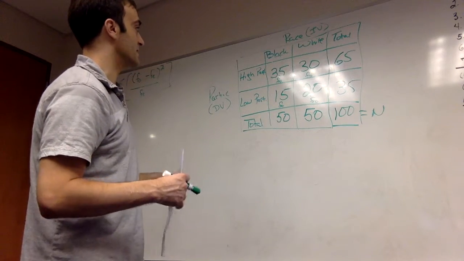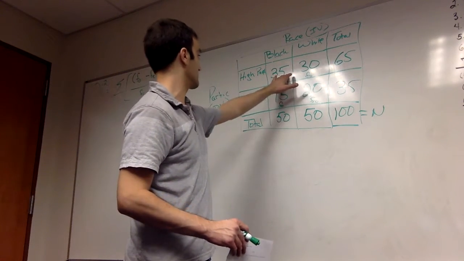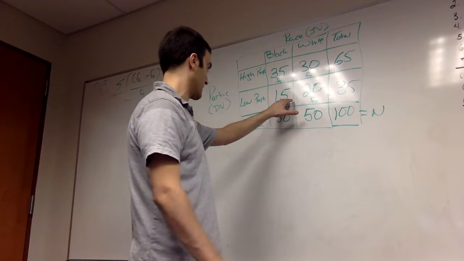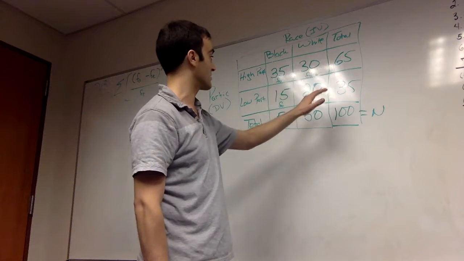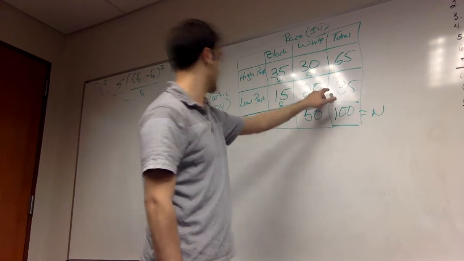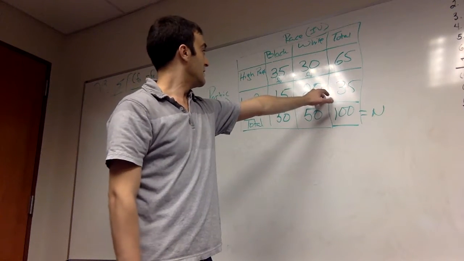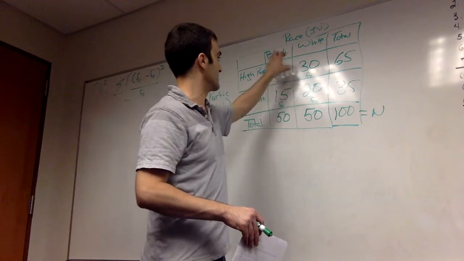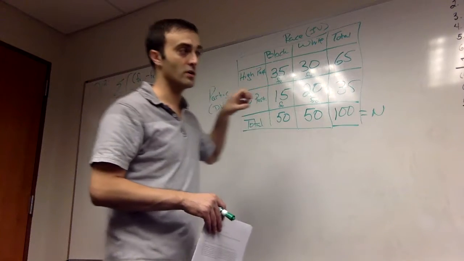But ultimately we're trying to say that we've observed these values: 35 high participating blacks, 15 low participating blacks, 30 high participating whites, and 20 low participating whites. If race and participation are not related to each other, what numbers should we see in these four cells? What should we expect to see?